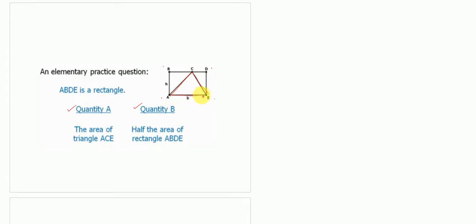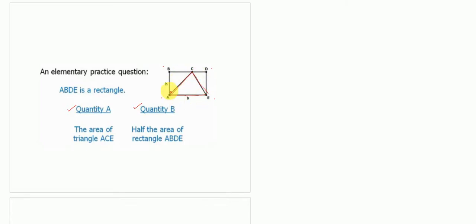So this is the triangle. This is quantity A, and quantity B is half the area of the rectangle ABDE. So this whole rectangle's area divided by 2 is quantity B. Okay, so you might be thinking that we don't have any actual numbers for the sides of this triangle or this rectangle.